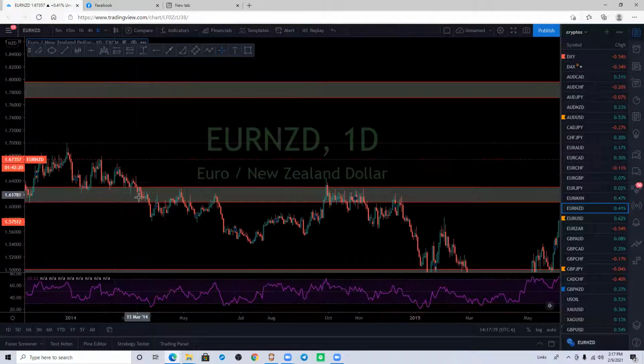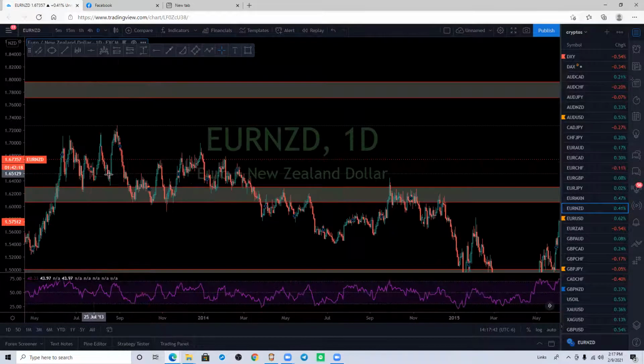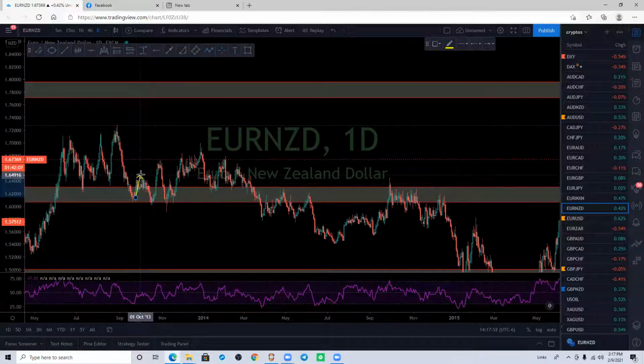You see it again here. Price was rejected here once. Let's start from up here. You can see there's a zone here. The price was rejected 1, 2, 3, 4 times.